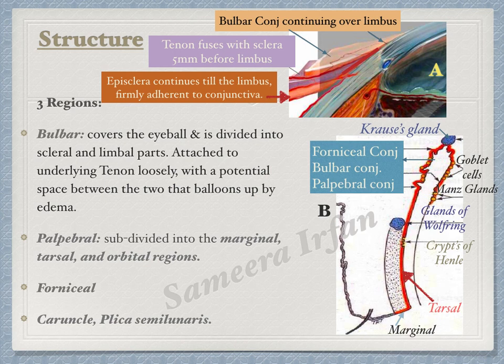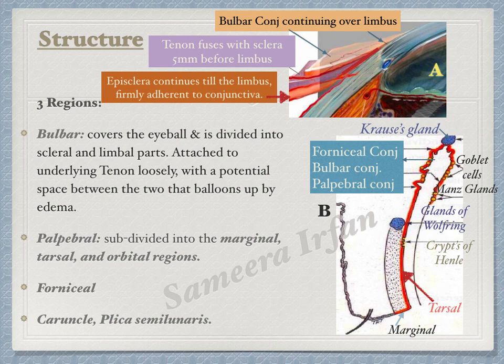It has the greatest number of goblet cells that secrete mucin, which I've already explained how important it is in the tear film, and it is mainly secreted by the conjunctival goblet cells that are mostly located in the inferior fornix, medially and near the medial canthus.